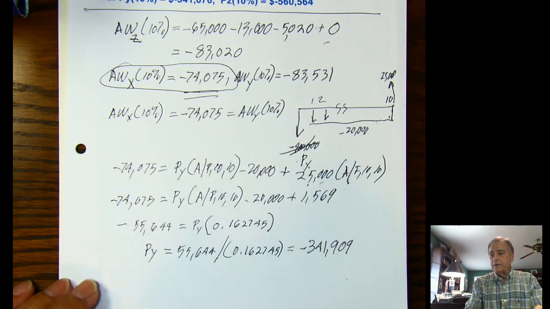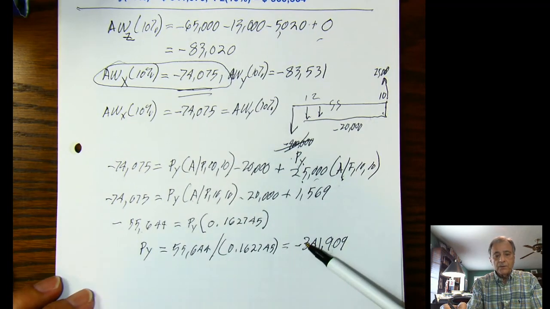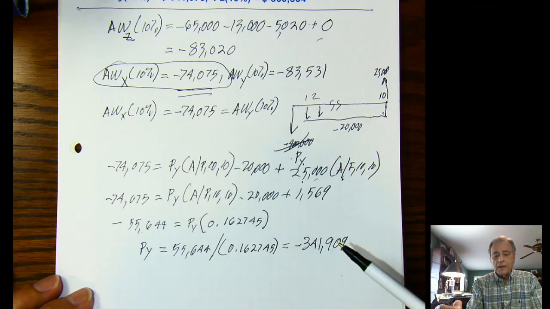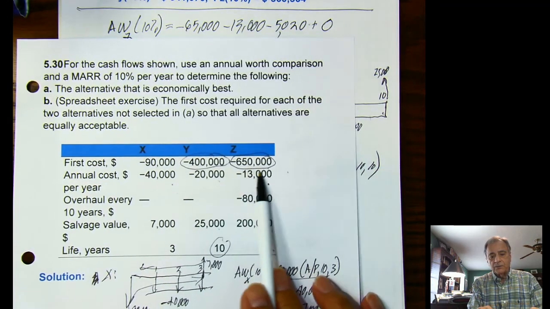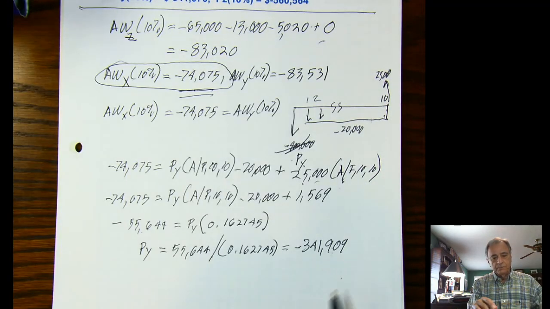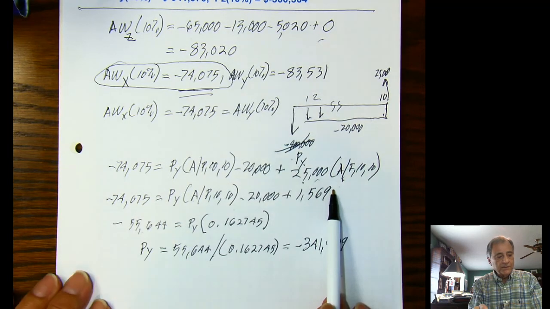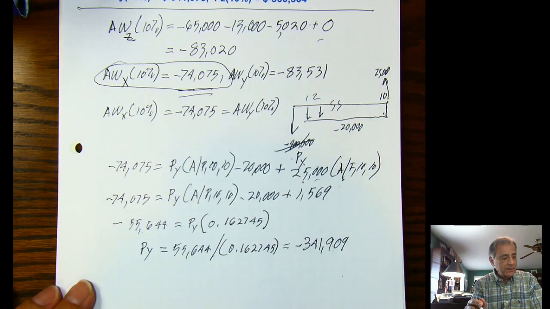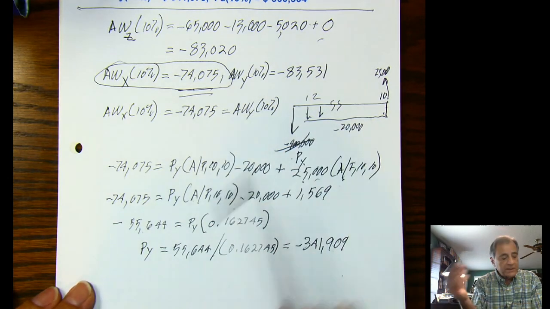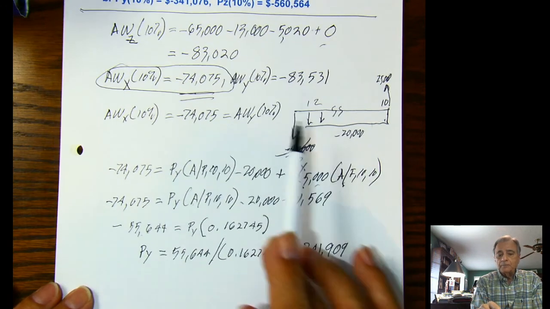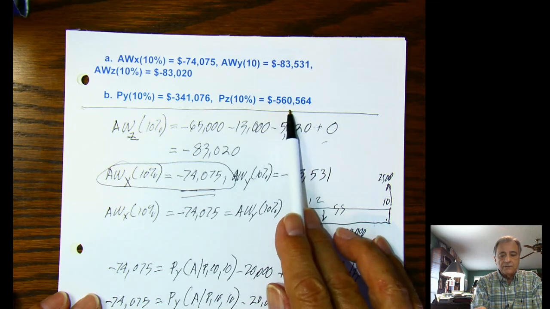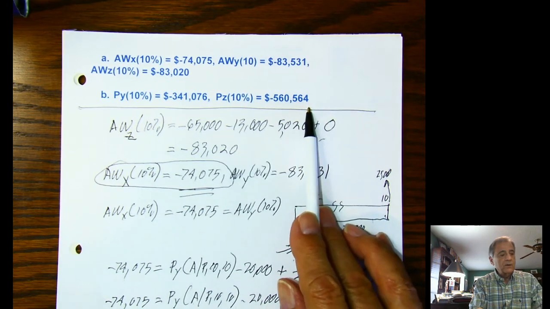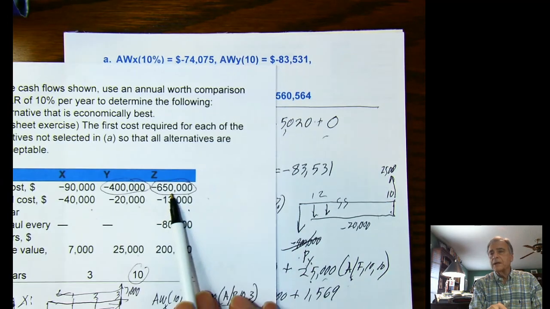$300,409. And now you can solve for the present worth of Z, this minus 650,000, by setting up the same type of equation for Z. Actually, Z would be easier because the cash flow for Z goes on forever, and if you do that, you'll get minus 560,564, whereas the actual cost was minus 650,000.